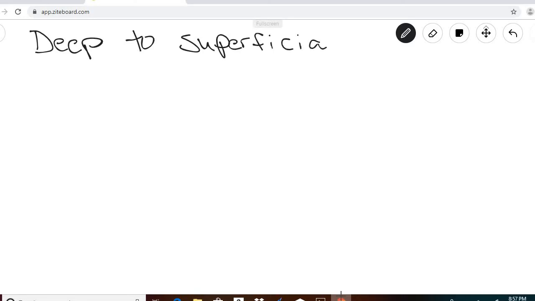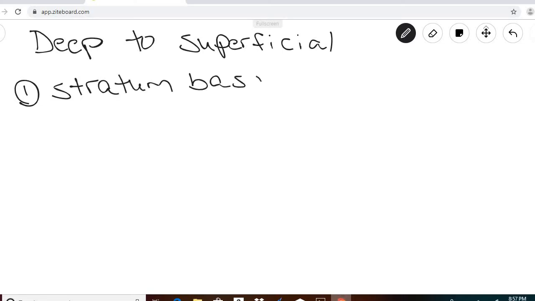So we're going to go deep to superficial. So the first one is called the stratum basale. So this is the deepest layer of the epidermis.